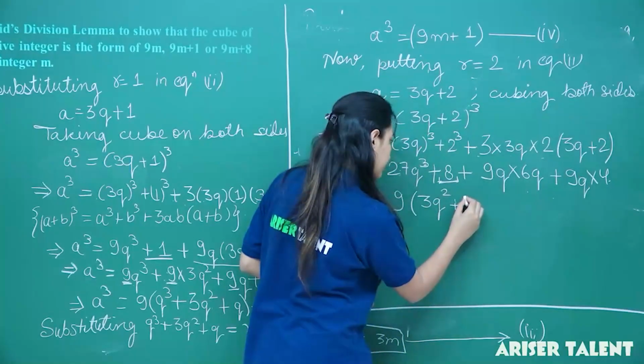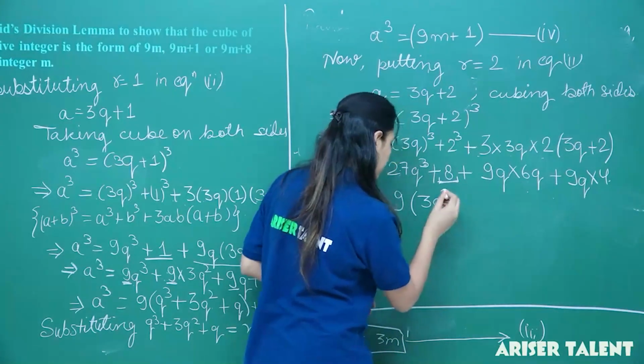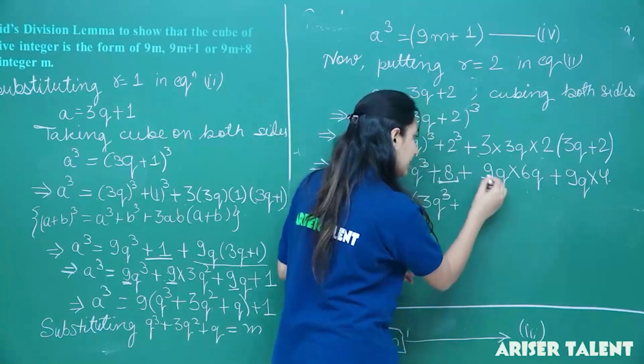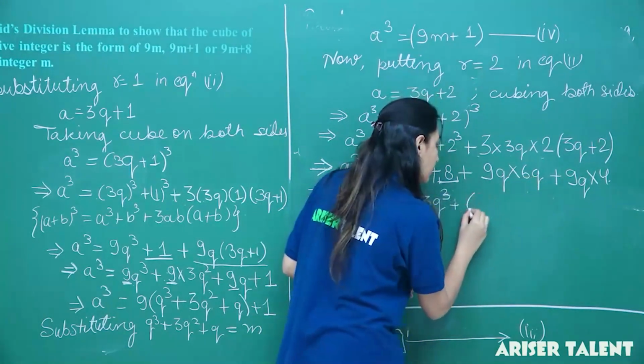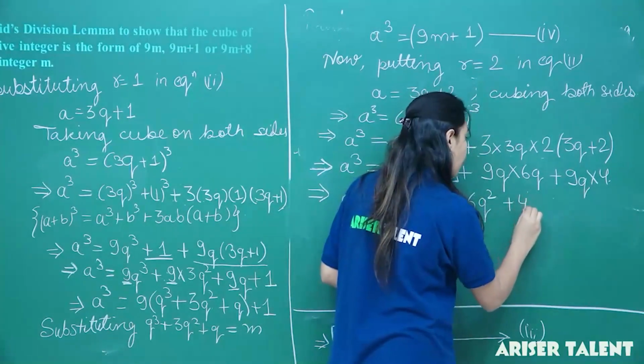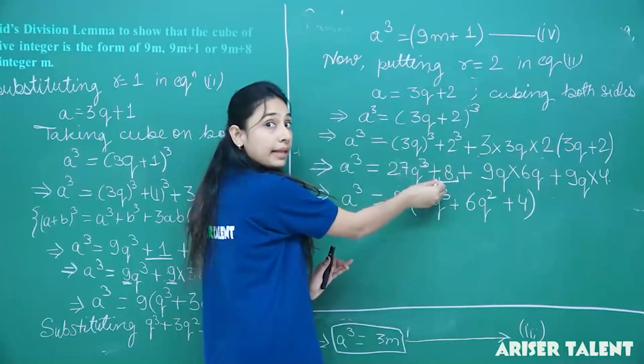This will be 9 times (3q cube plus 6q square plus 4), plus 8.